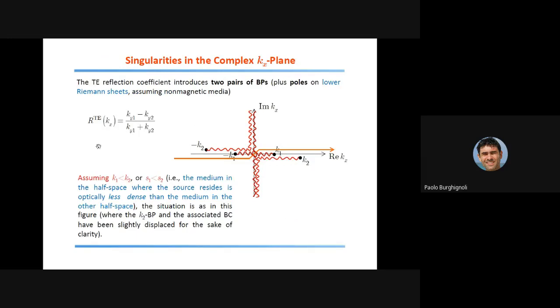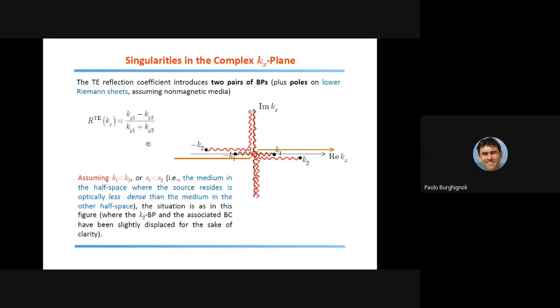Now, since we have a reflection coefficient, this introduces two pairs of branch points associated with the vertical wave numbers in air, k1 and minus k1, and in the dielectric medium, k2 and minus k2, with the associated Sommerfeld branch cuts, those wiggly lines, that for clarity have been drawn a little bit shifted from the real and imaginary axis, but you should imagine that those lines run exactly along those axes.